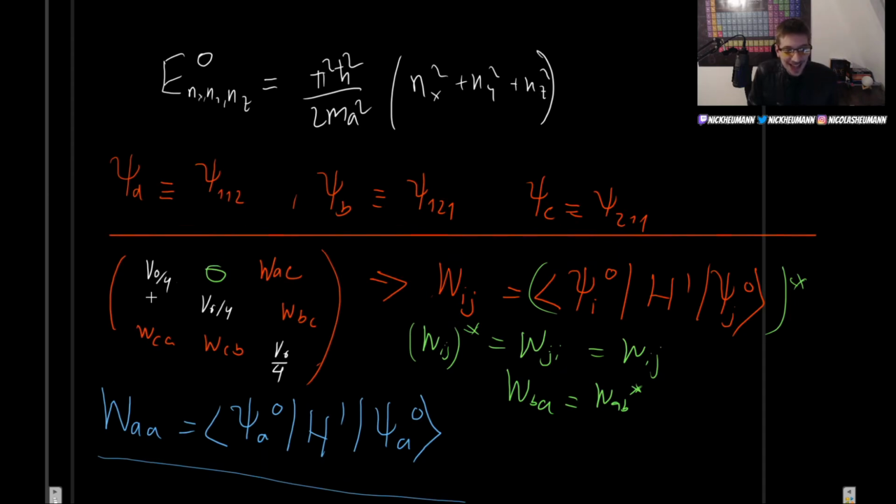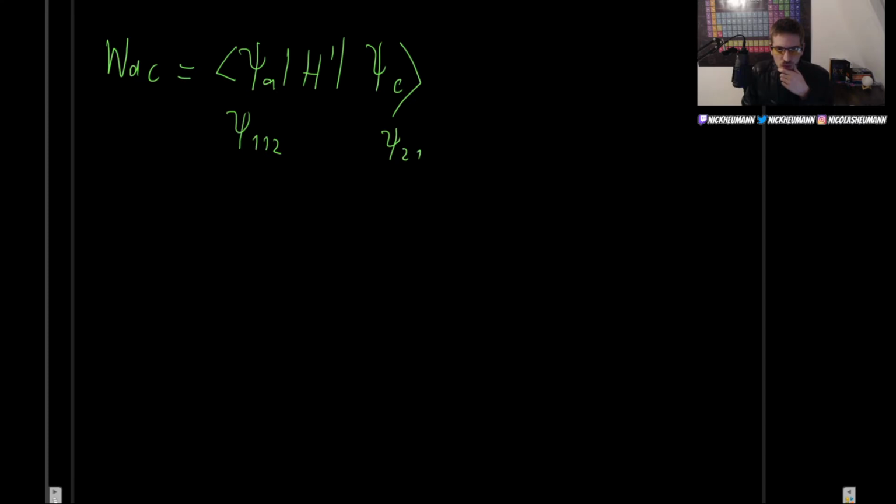And it doesn't end there. The marvels continue, because let's now look at Wac. What would that look like? Wac would be the bra a, H prime, ket c. What is a? We said it was 1, 1, 2, and c was 2, 1, 1.